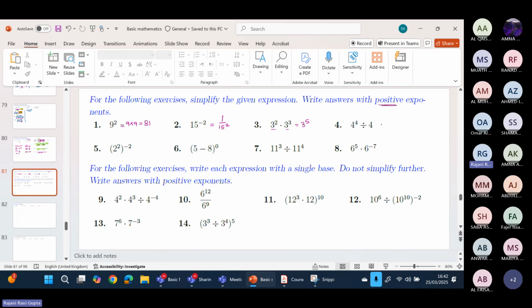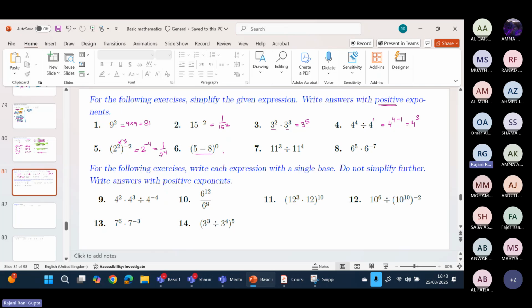Now when it is divide, so it is 4 power 4, divide means minus. The power of this is 1. So this is 4 power 3. This is how you have to simplify. Here, you will multiply them. So it is 2 power minus 4. Since we need it in the positive, it is 1 over 2 power 4.